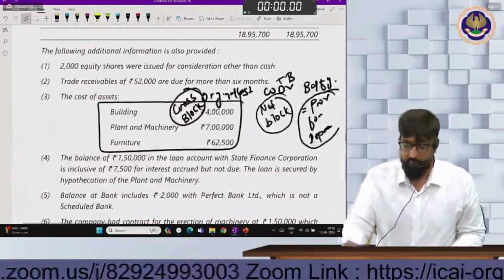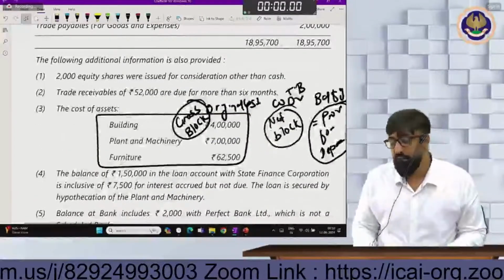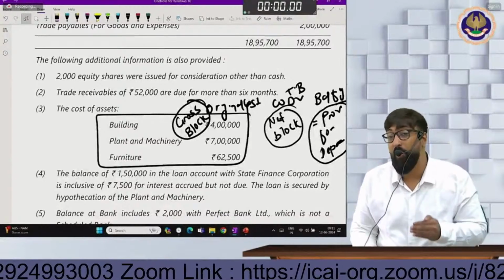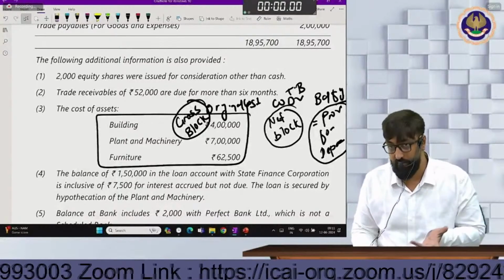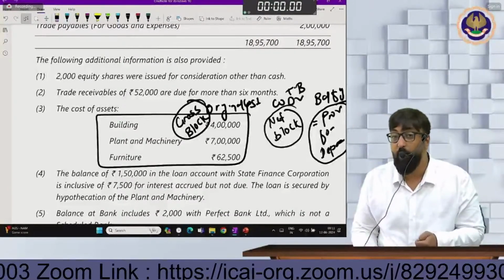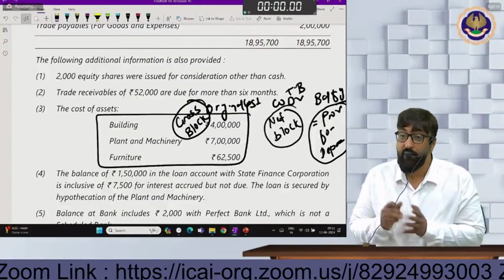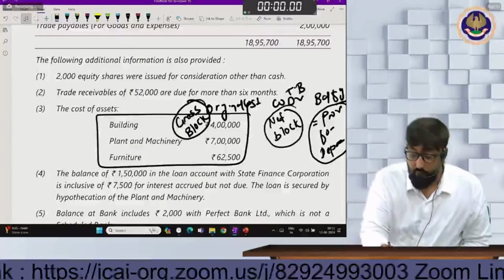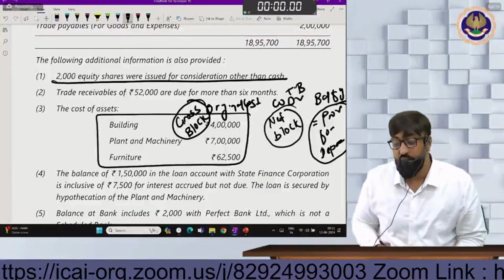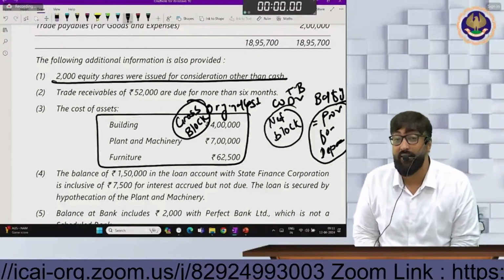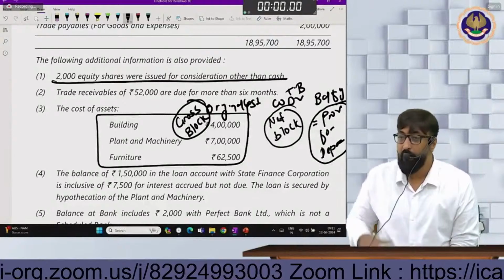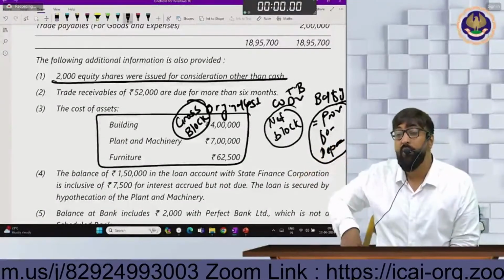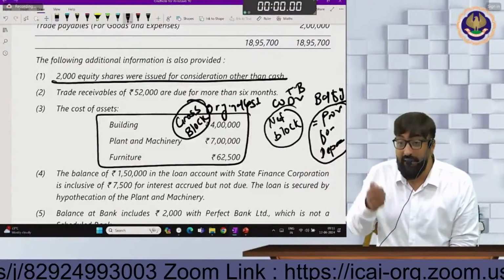Now one by one. See why this question is given, because we have to write the breakup of all these items. Very important. So in notes, you have to write all these breakups. 2000 equity shares were issued for consideration other than cash. Whenever you are issuing shares, normally you receive money from applicants.